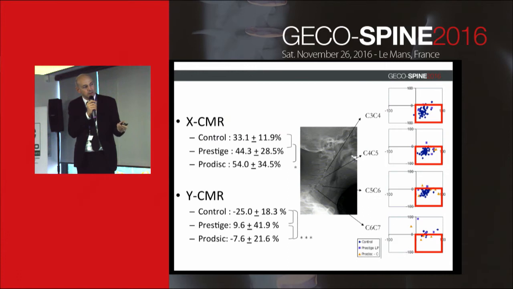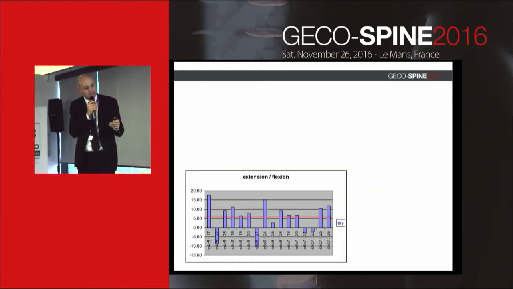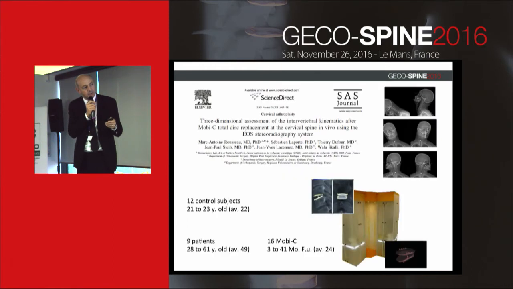And we go directly to the results, showing that the center of rotation was pretty much similar, below the error of measurements, for all the prostheses, with mostly very slight differences between prostheses.